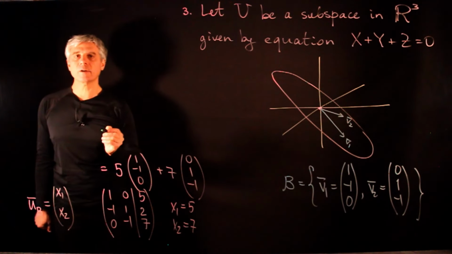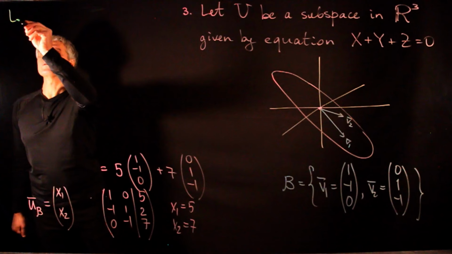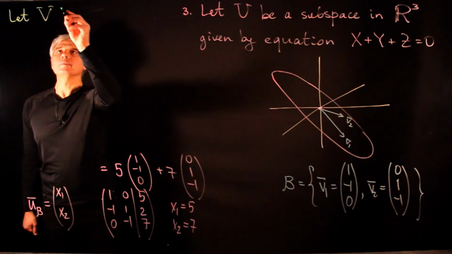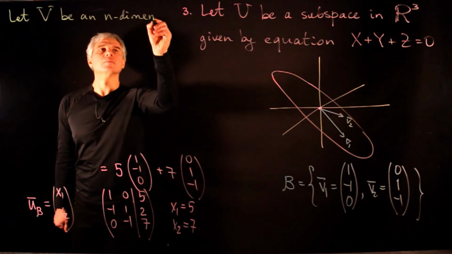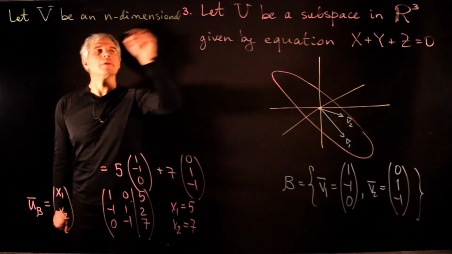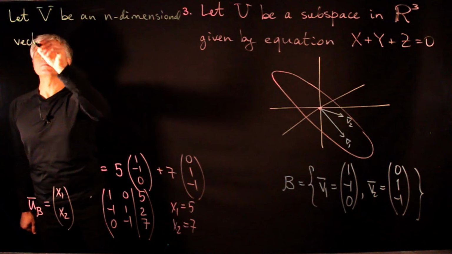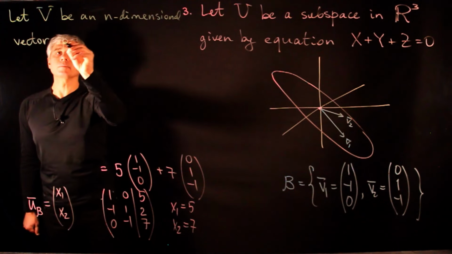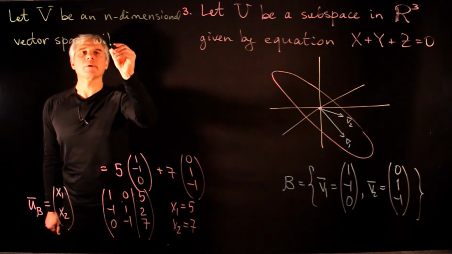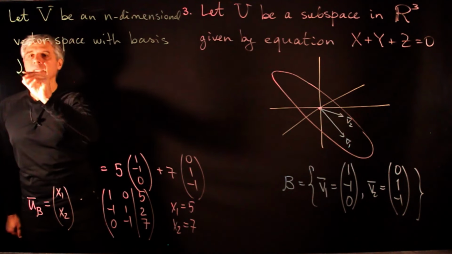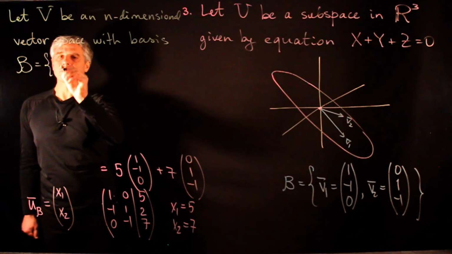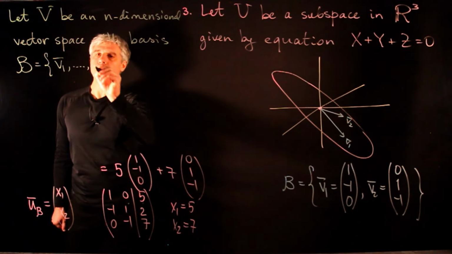Let us ask ourselves the following question. Let V be an n-dimensional vector space with basis B, which is V1 through Vn.